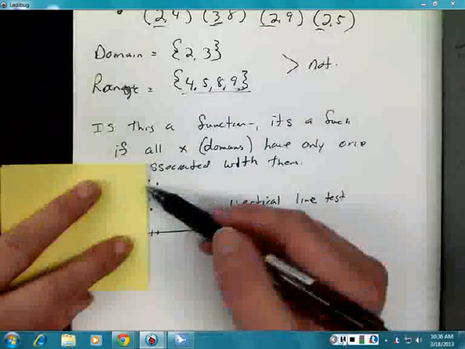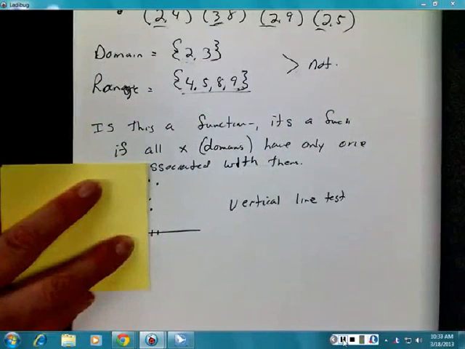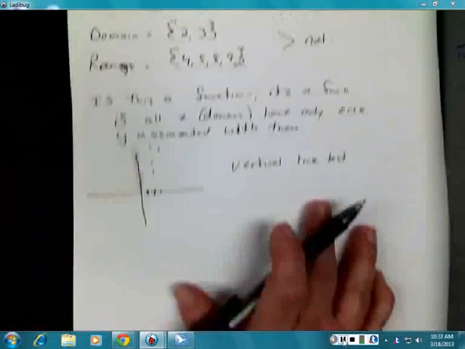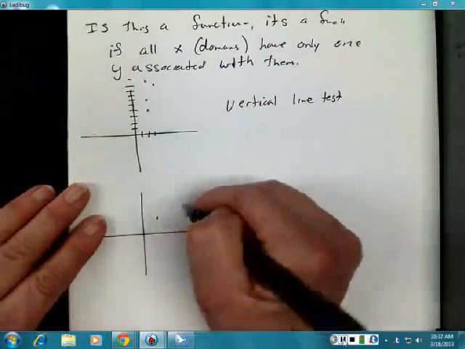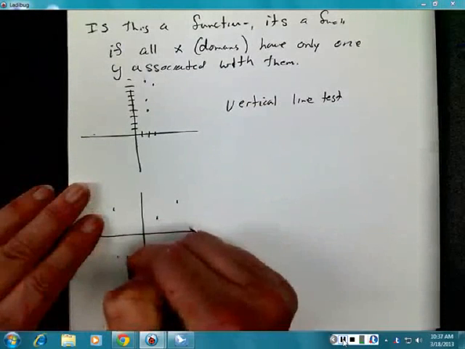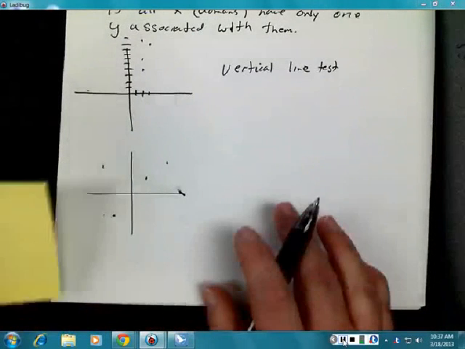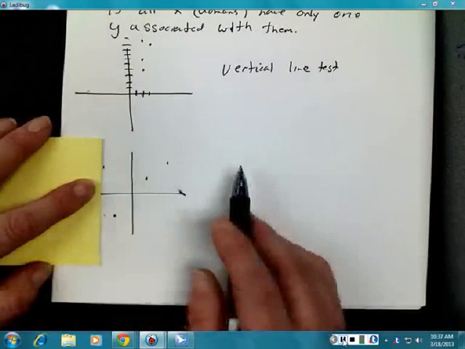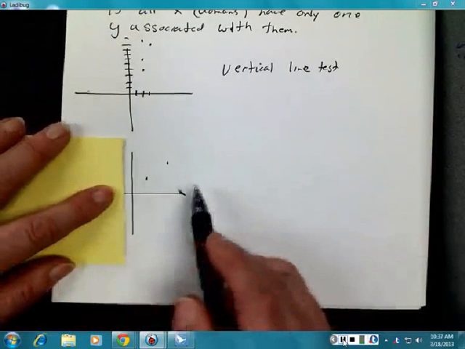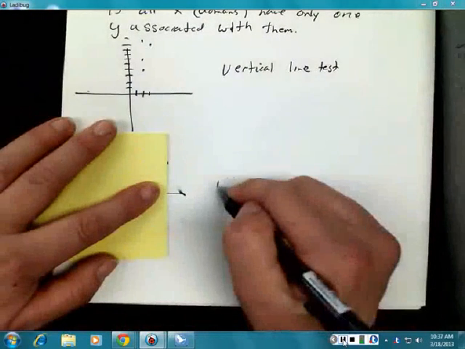And because I get 3 dots in a row, that means I don't have a function. If I had another graph, and I have a dot here, a dot here, a dot there, and a dot right there, is that a function? I don't even have to know where they're at, do I? Because as I run my vertical line along here, I touch 1 here, 1 there, 1 here, and 1 there, so this one is a function.